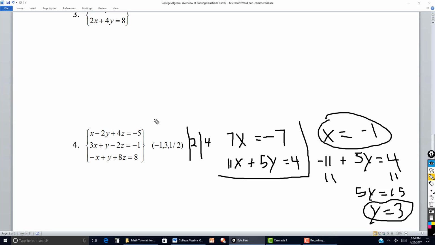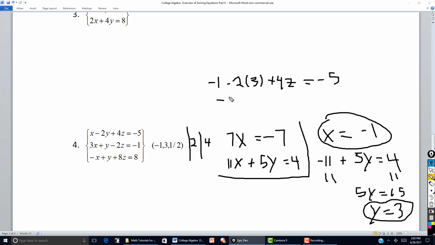They all have the z, so put a negative 1 where the x is, so I'll get negative 1 there, minus 2 times y, and y is 3, plus 4z equal to negative 5.